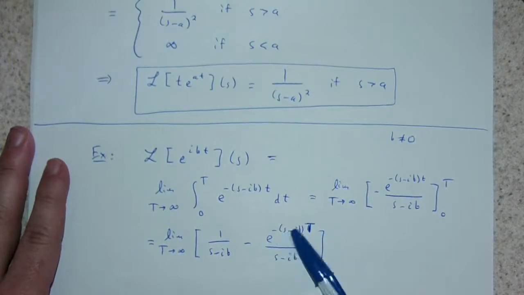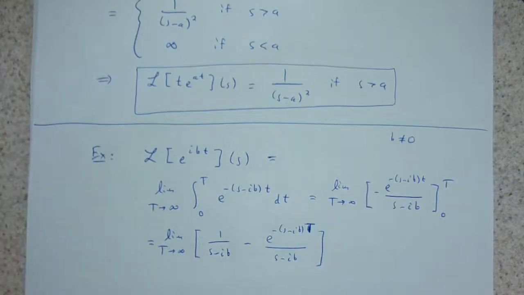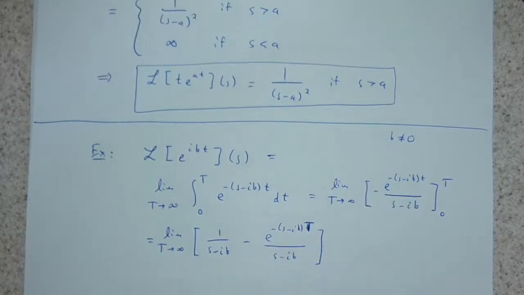Then I need this s to be positive so that minus s is negative, which would mean that the thing I'm multiplying by big T is negative, and then this thing is going to 0. Sorry, I said this thing was going to 1 before. It's going to 0. That's what I meant. So this is going to 0 so long as s is positive here.